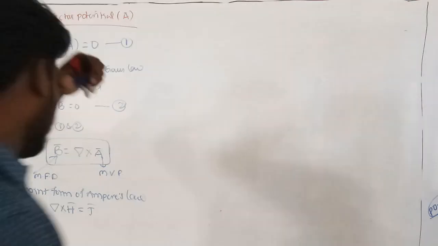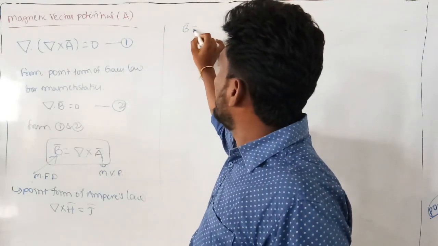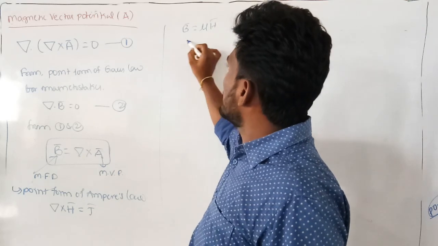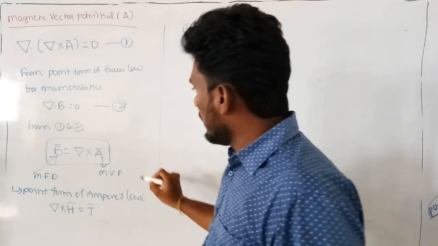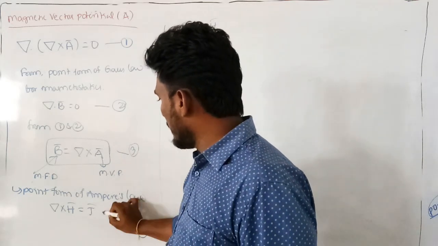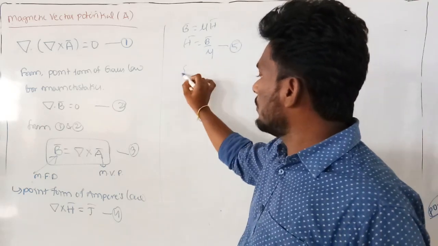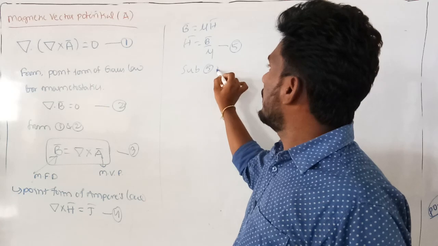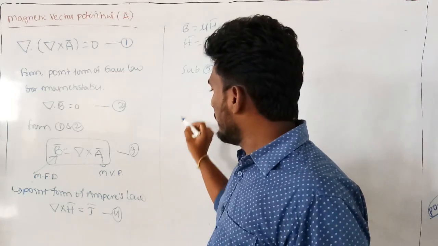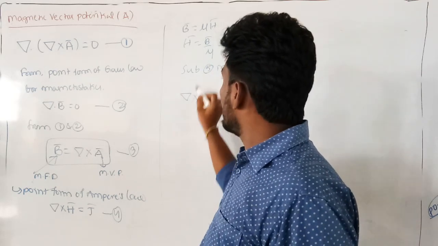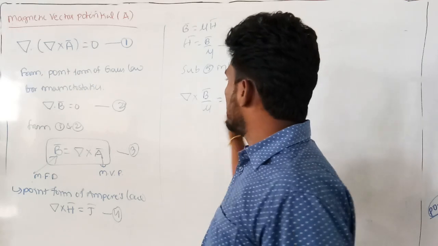There is a relation between B bar and mu H. So H bar is equal to B bar by mu. Consider this equation 3 and this equation 4. Substituting into 4, del cross H bar, which is B bar by mu, equals J bar.